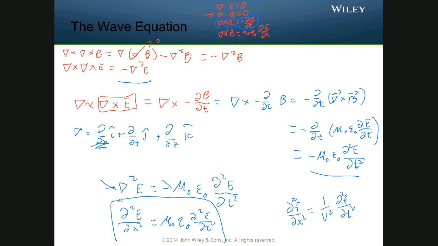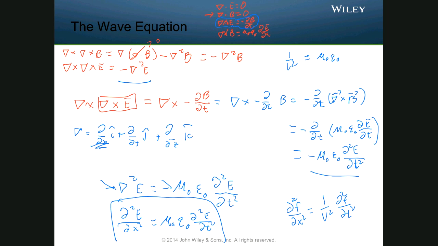So the claim here is that 1 over v squared equals mu naught epsilon naught, our permittivity times our permeability of free space.